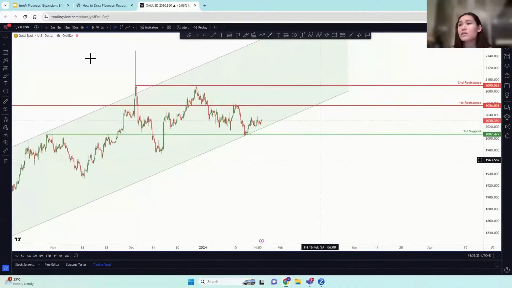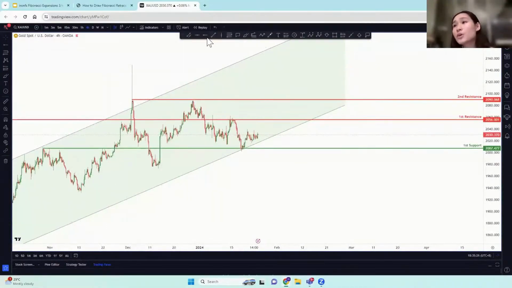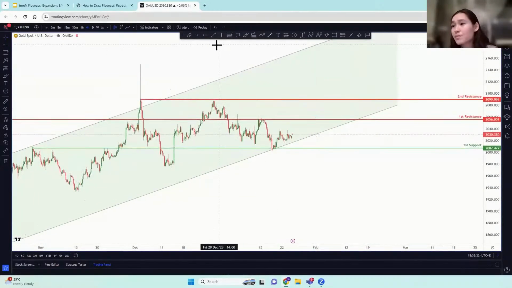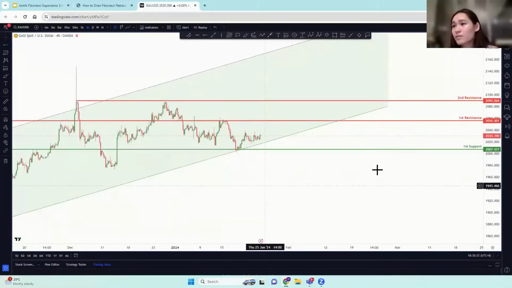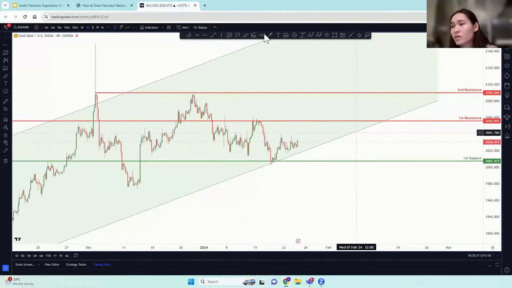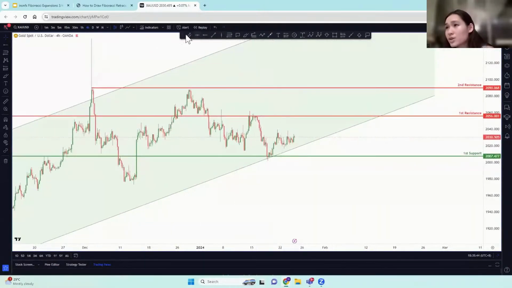Okay, let's go in with some Fibonacci levels. Starting off, let's go in with a projection.